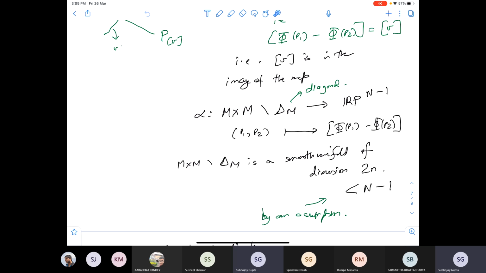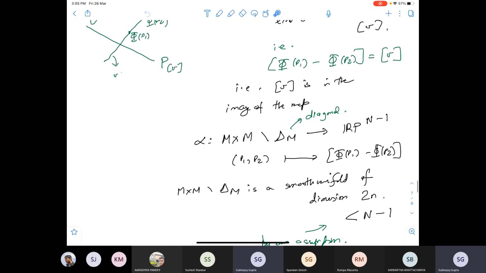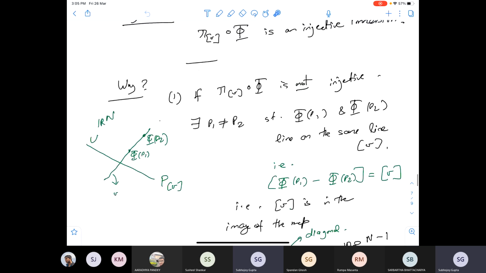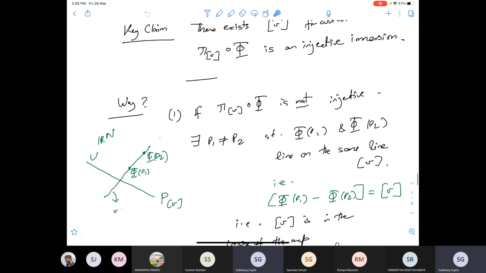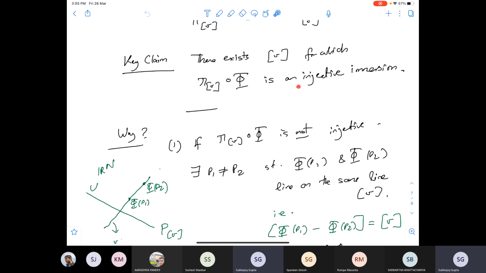So we can always pick some vector v, or direction rather, which is outside the image of this map, and so for that v, this composition is going to be injective. So we've gotten one of these properties.